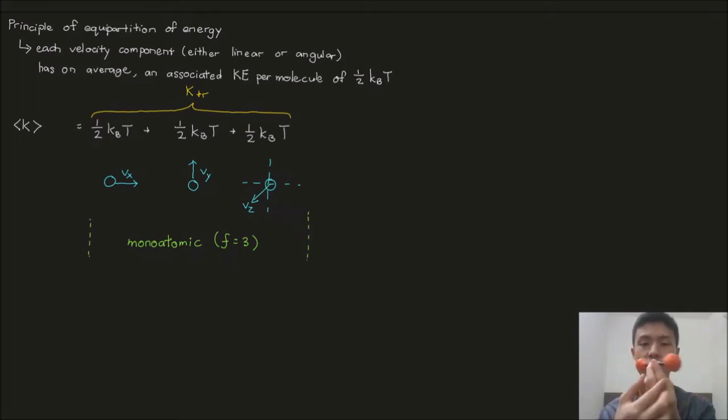First, you can rotate like this. The second type of rotation is you rotate like this. For this rotation, the axis will be pointing upwards in the y direction. Another rotation will be like this, where the axis will be pointing in the z direction.